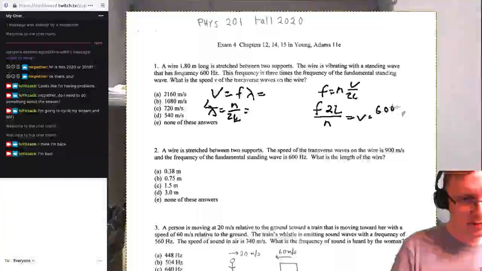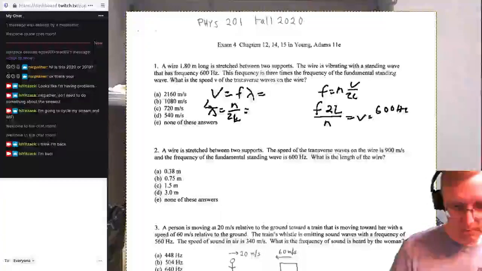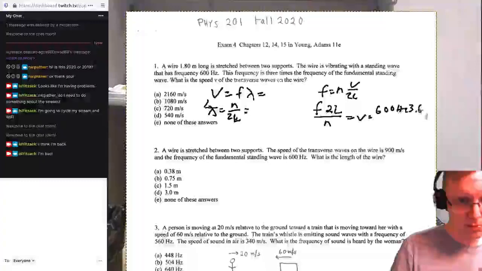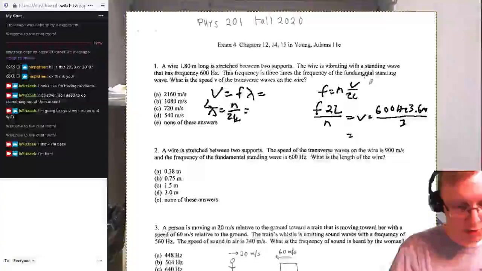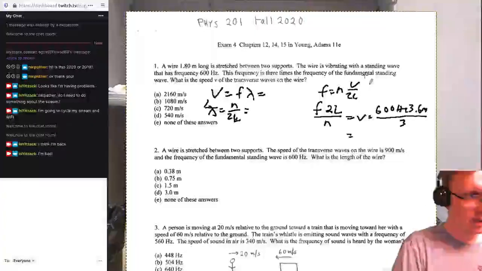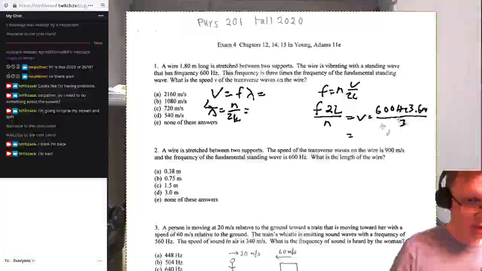Frequency is 600 hertz. 2L is 3.6 meters, divided by 3. So that means our velocity is 200 times 3.6, 720 meters per second. Did that make sense?